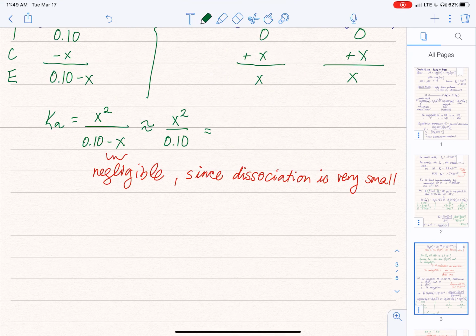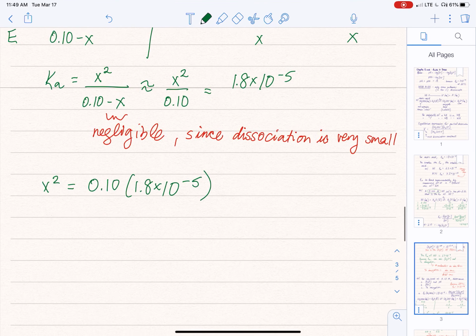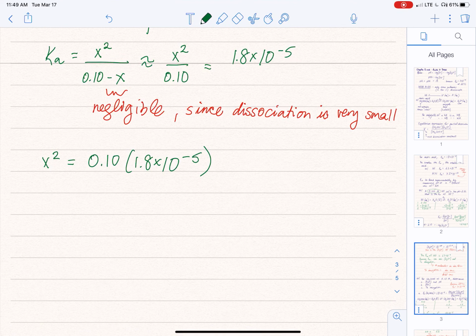Ka is equal to 1.8 times 10 to the minus 5. So let's rearrange that and solve for x. X squared is going to equal 0.10 times 1.8 times 10 to the minus 5. I can multiply those two together, solve for x. X is going to be equal to 1.34 times 10 to the minus 3.